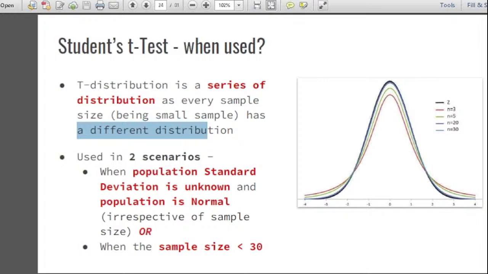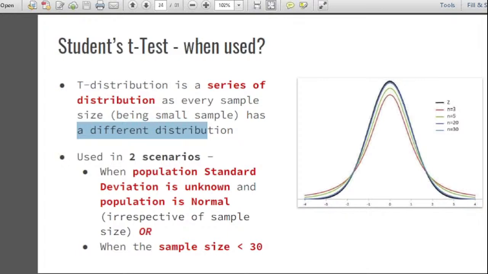If you recall our simulation, when n was 5, the distribution was different. When n was 10, the distribution was different. When n was 20, it was different. But as n approaches 30, the distribution approaches normality. Let me explain.